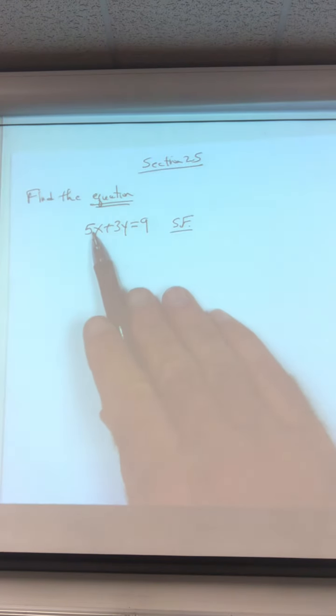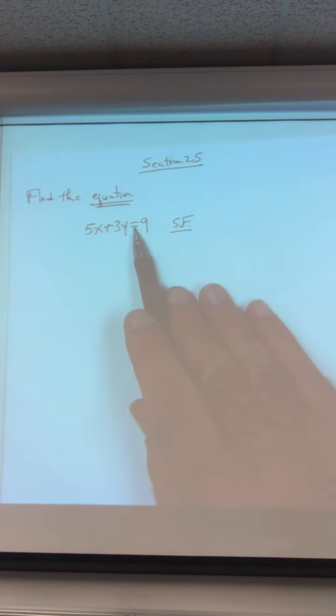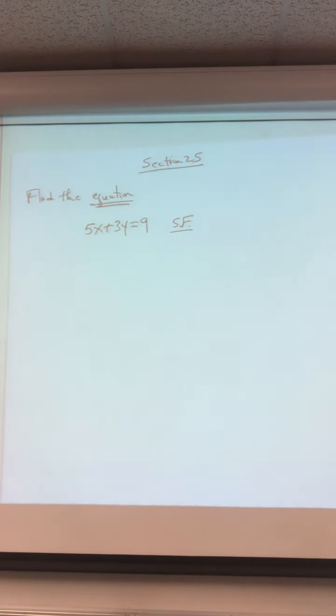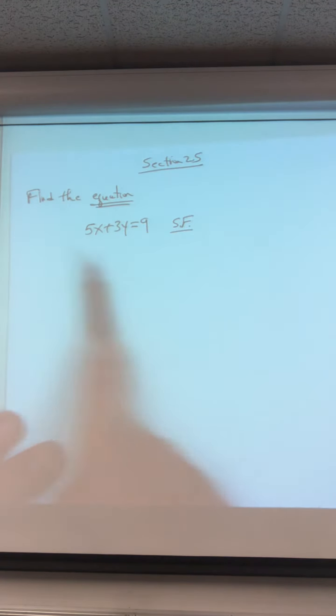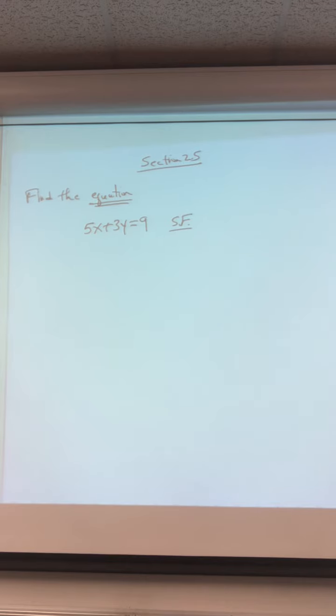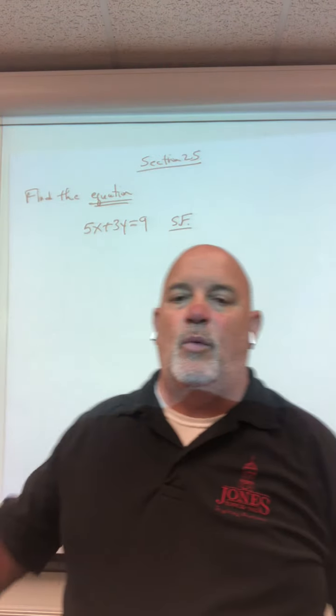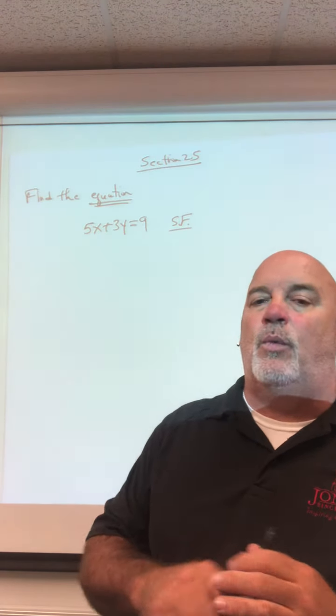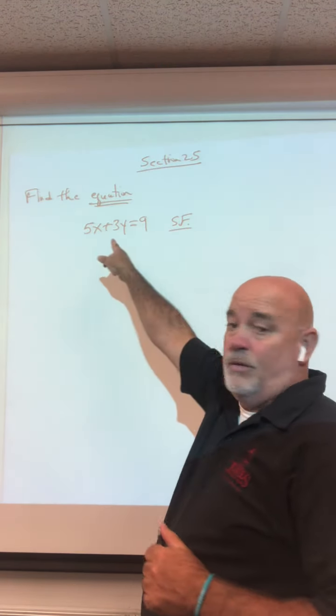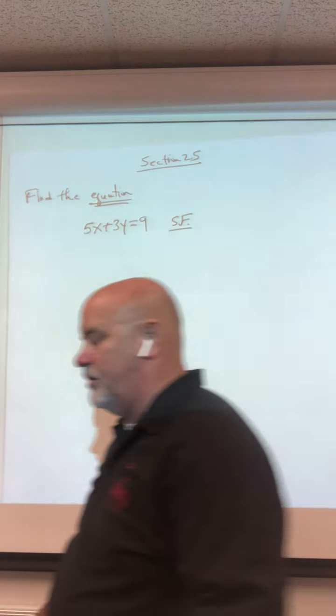It means your x's are first, your y's next, your equal sign, and then numbers on the other side. So this is what our answer will look like. The reason I say that is up until now, that's typically what we've started working with, was the equation. Now we're going to be trying to get to that. That will be our answer.